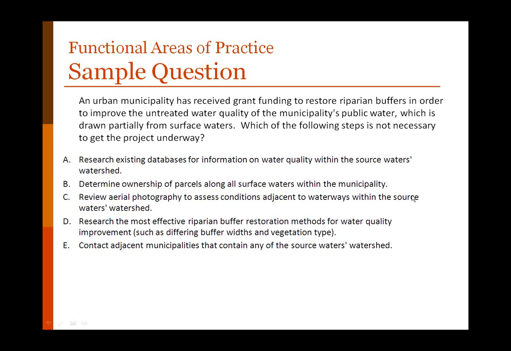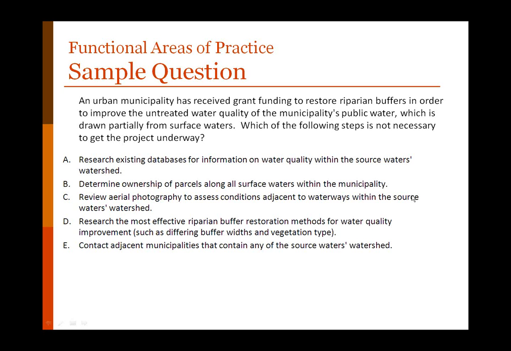So you may think, well, that doesn't necessarily need to be done first, but it should be done early. In this case, though, the answer goes more back to what this particular process is about. And this is determine ownership of parcels along all the surface waters in the municipality.